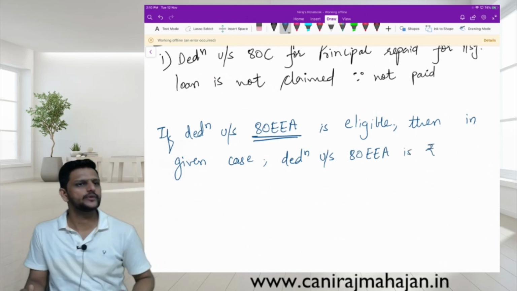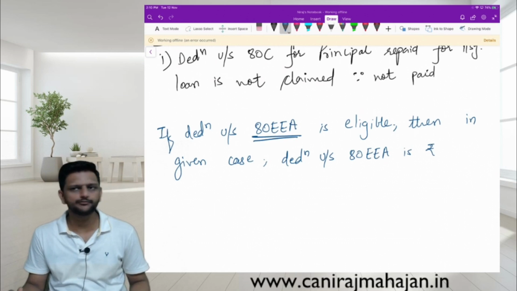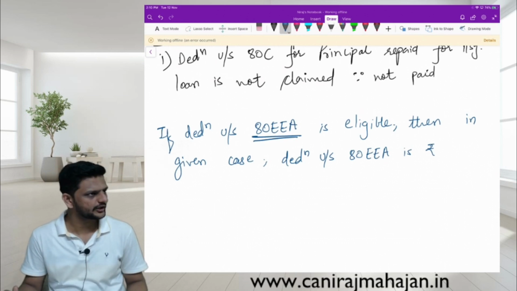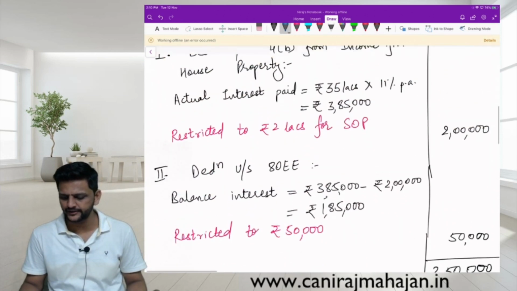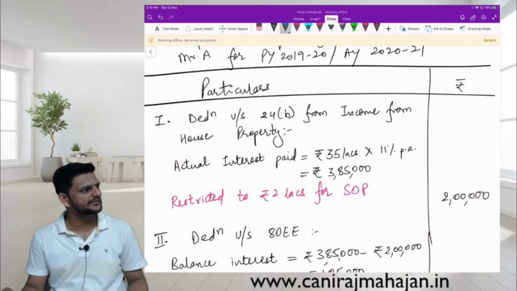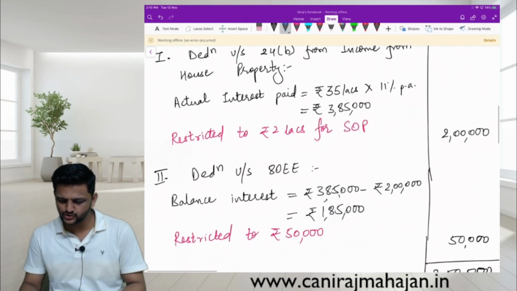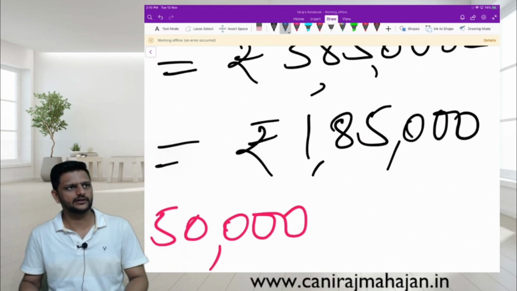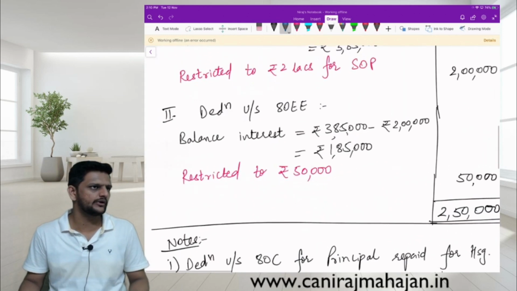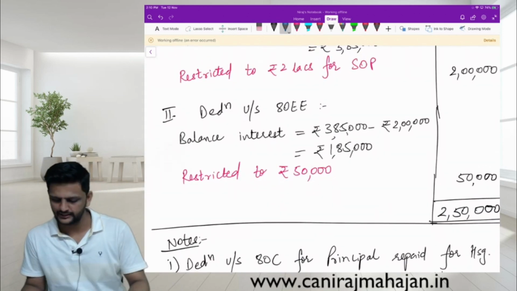The balance you have to always check. Is balance more than 1.5 lakh? Which balance we are talking about? Actual interest paid, correct? Minus 2 lakhs already claimed under 24B. Therefore, balance was 1,85,000. And you can claim in 80EEA how much? Up to 1.5 lakhs. Very good.